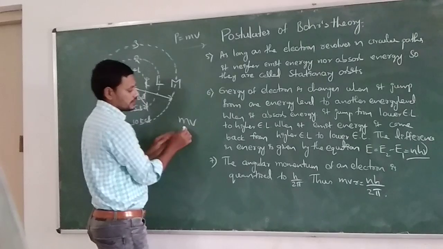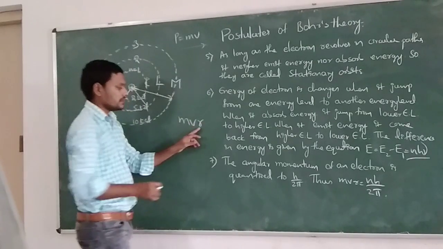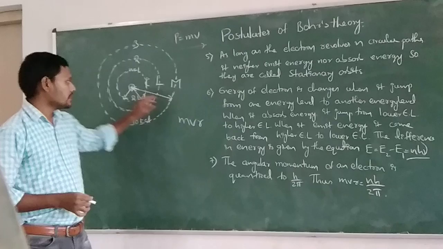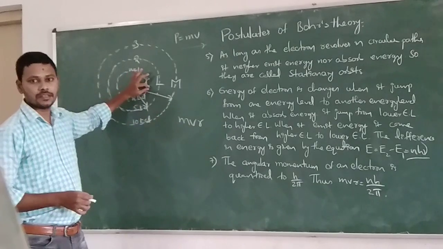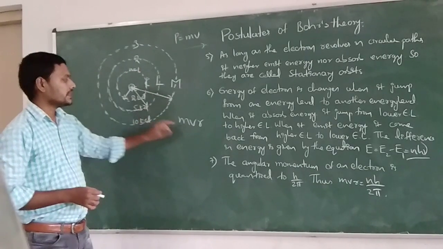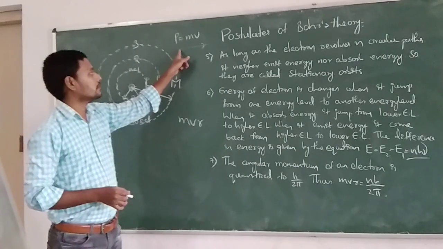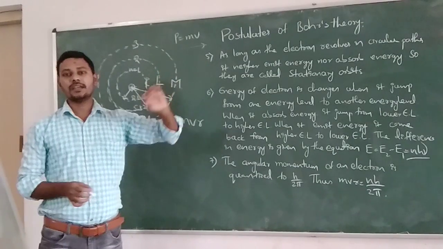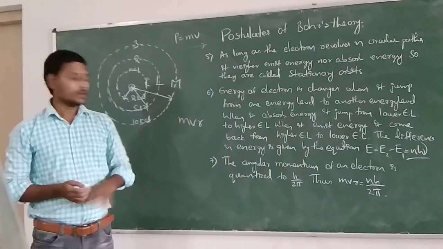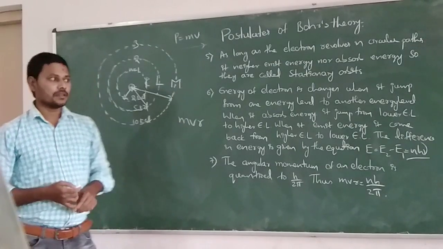Momentum is mv, and r is the radius here. So when the body is in circular motion, it is having angular momentum. When it is moving in a straight line, it is having linear momentum. So mv is the linear momentum, mvr is the angular momentum.